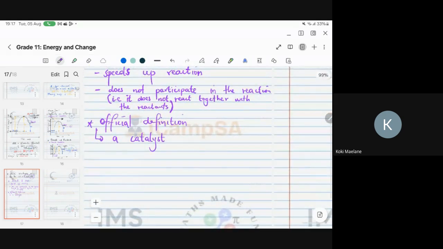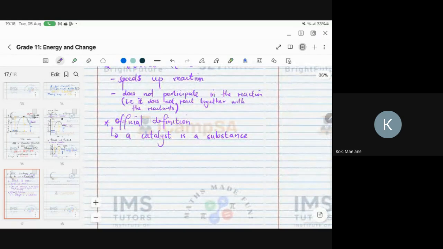A catalyst is basically a substance that increases the rate of a chemical reaction.